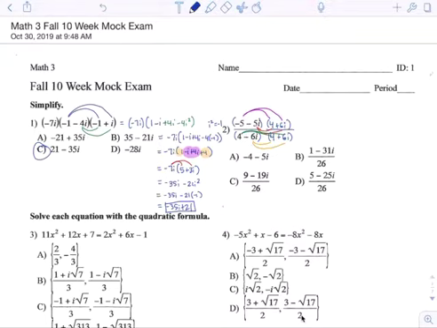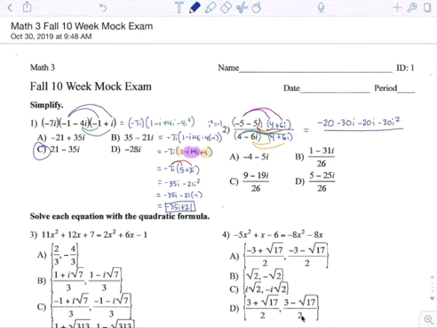On the top, -5 times 4 is -20, -5 times 6i is -30i. -5i, we're on the red pathway now, -5i times 4 is -20i, and -5i times 6i is going to give you -30i squared.